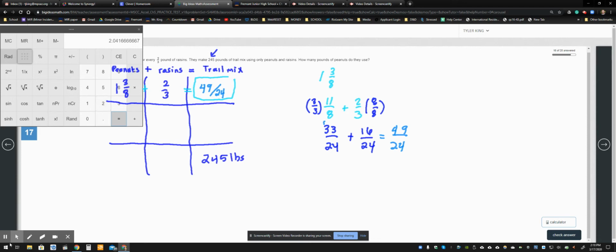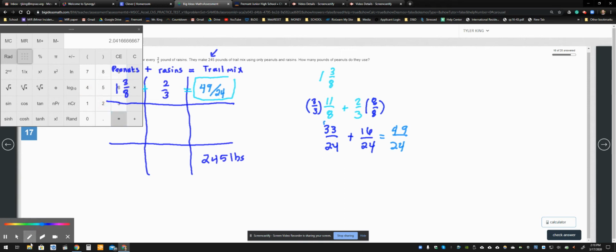Okay, so let's go ahead and write that off to the side. So actually, let's just double check that I write that right. So clear everything. We have 33 plus 16 is equal to 49 divided by 24 is equal to this ugly number.